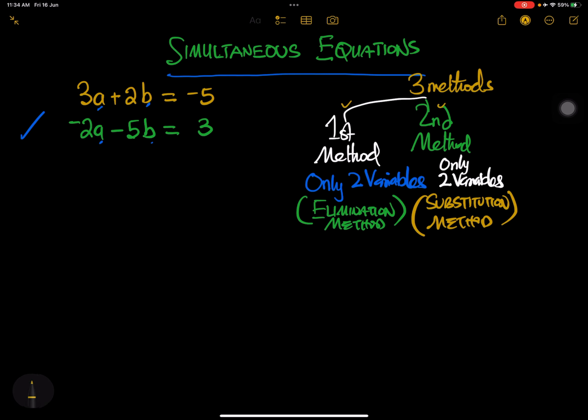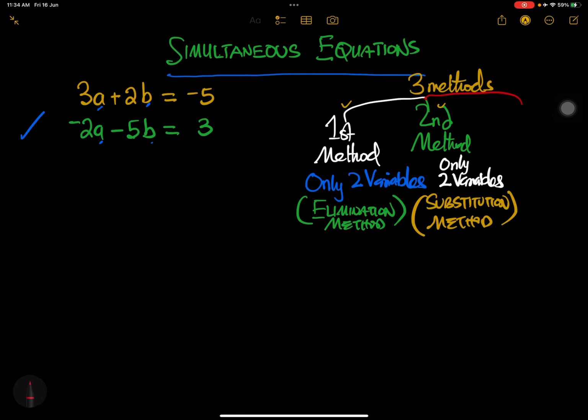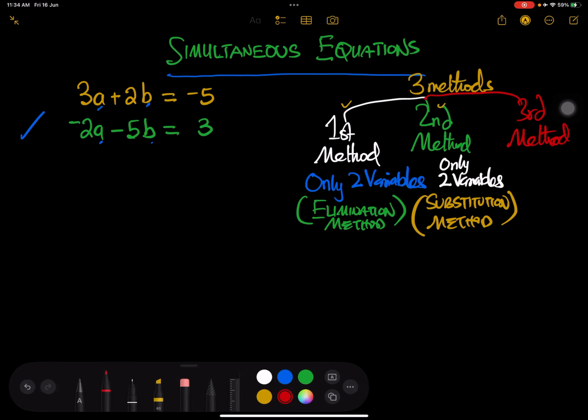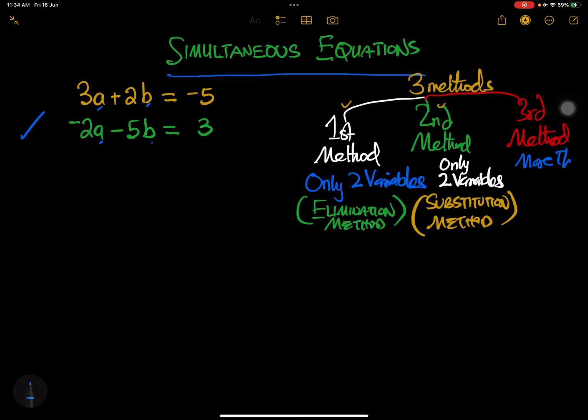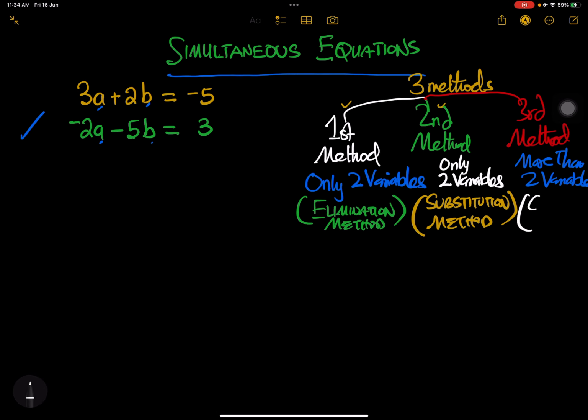However, the third method is when we have more than two variables. The name of that method is known as Cramer's rule.